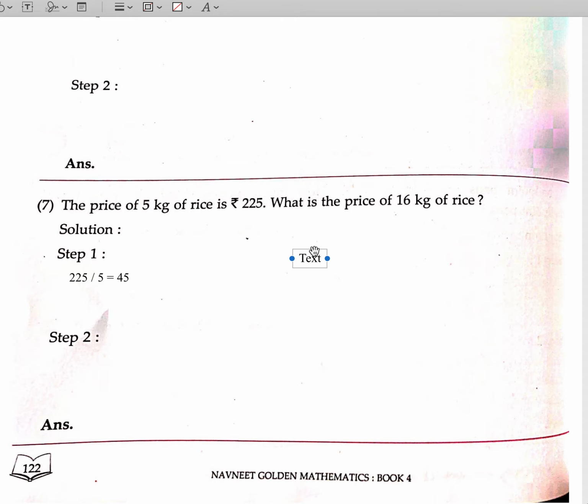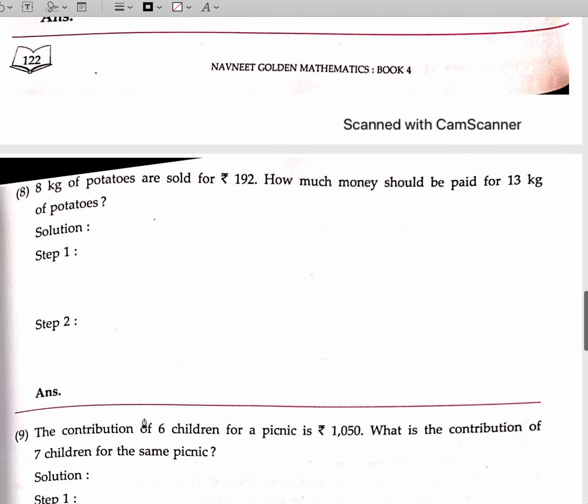And then the next one we will do 45 into 16, which is equal to 720. So the final answer is 720 rupees. So that's the cost of 16 kgs of rice.